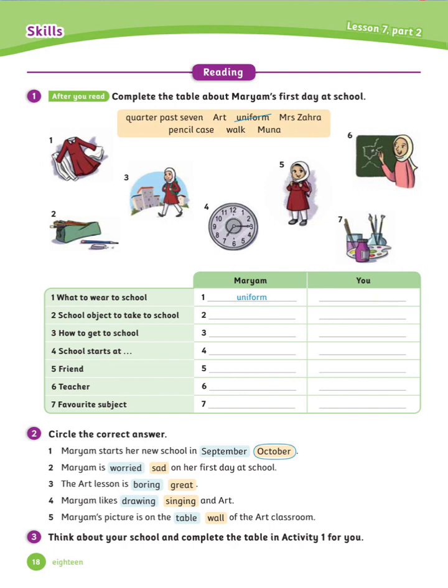Lesson 7, Part 2. Exercise number 1. Complete the table about Mariam's first day at school. Use these words in the box to complete the table. Number 1. What to wear to school? Uniform. Number 2. School object to take to school. Pencil case. Number 3.